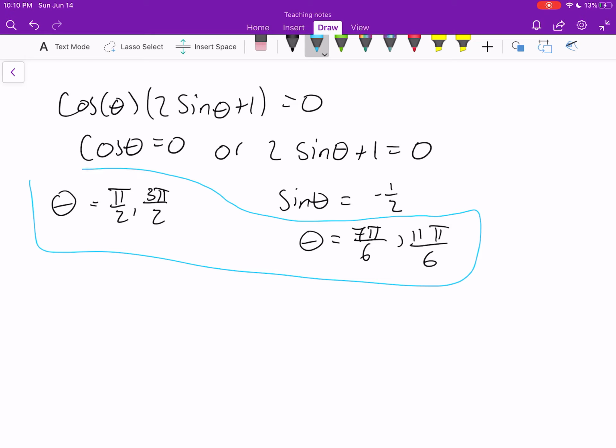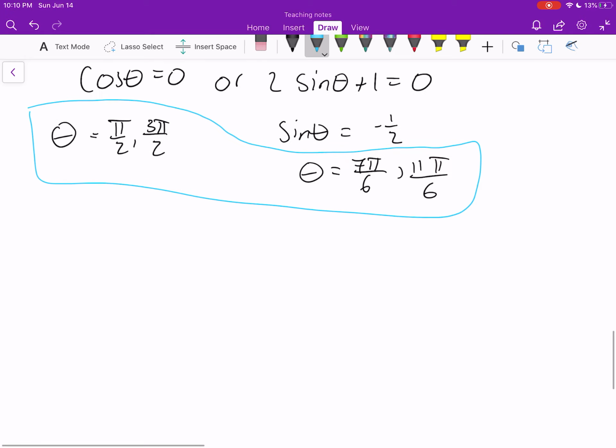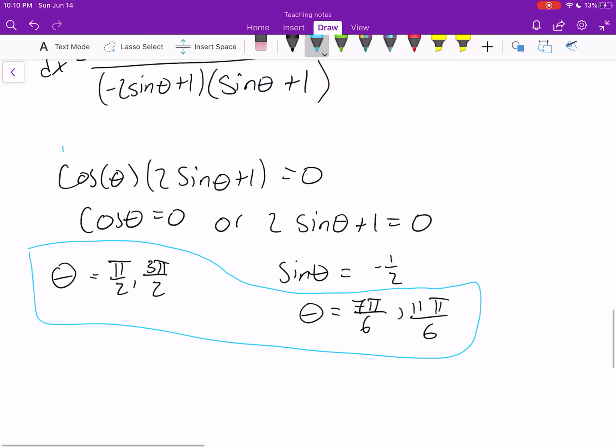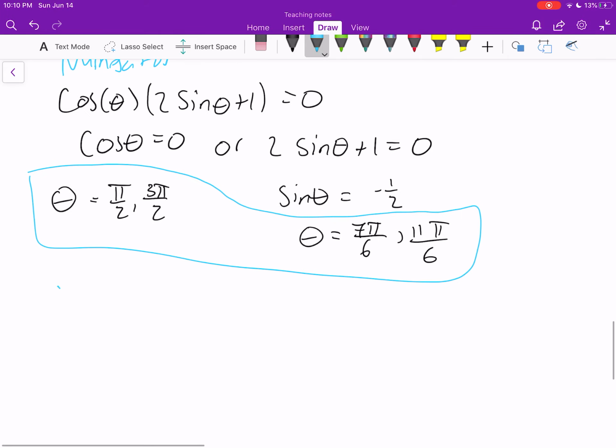And now I need to figure out all the spots where the denominator is 0, and then we'll figure out from there where we have horizontal and vertical tangents. So this was for the numerator. And now we'll do the denominator.